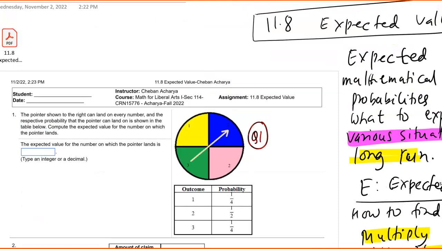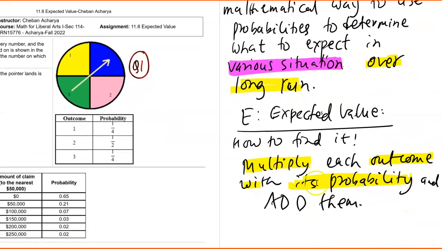Again, what's the rule? You multiply each outcome with its probability and add them. So I multiply 1 with 1/4, 2 with 1/2, 3 with 1/4, and add them together. Expected value E equals 1 times 1/4 plus 2 times 1/2 plus 3 times 1/4.